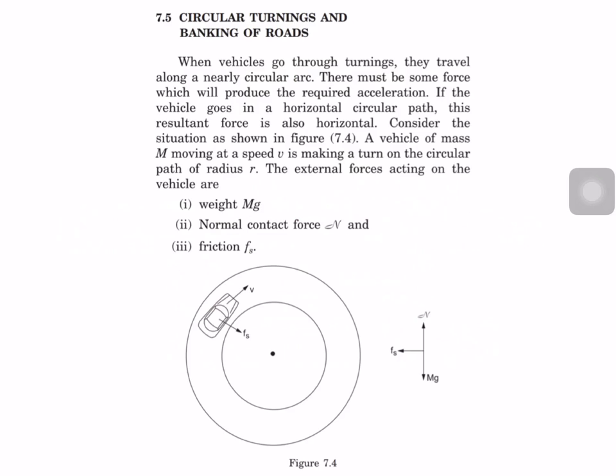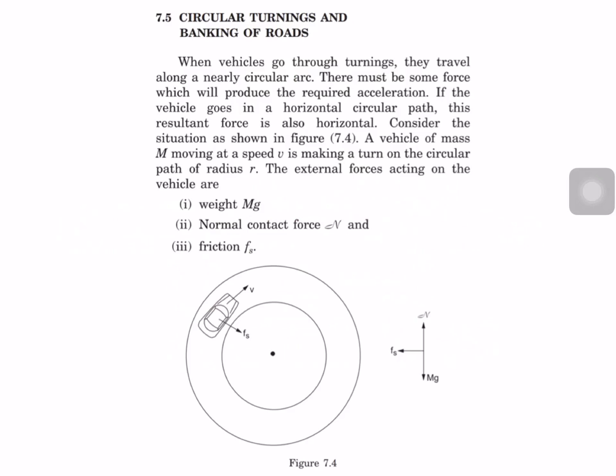So there is a normal contact force. And one more thing, the force acting between the road and the tire, that is friction. Already we have discussed, that is static friction, which acts horizontally.